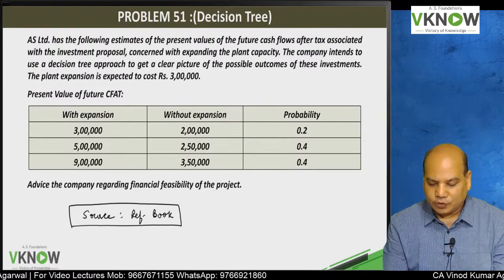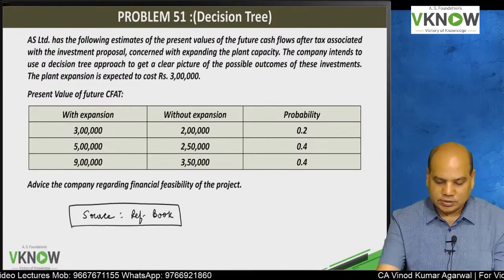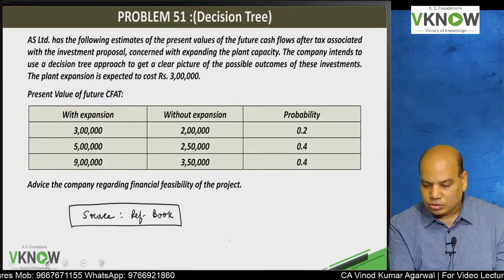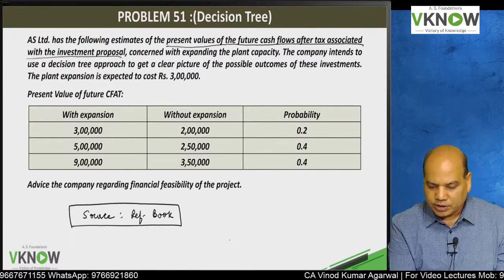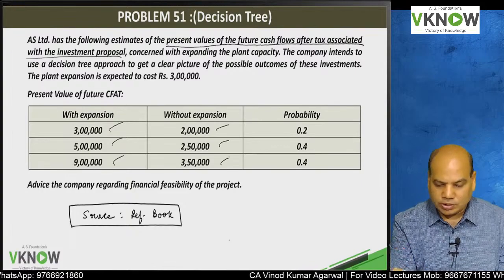AS Limited has the following estimate of the present value of future cash flow after tax. Underline. So good news is that you don't have to compute the present value. The present values are already computed for you. These are already in present value terms.